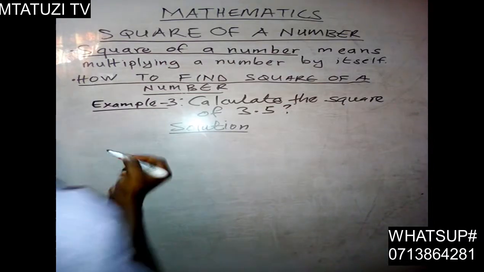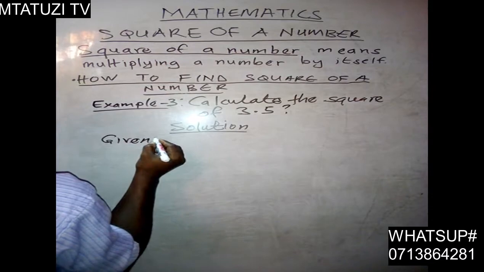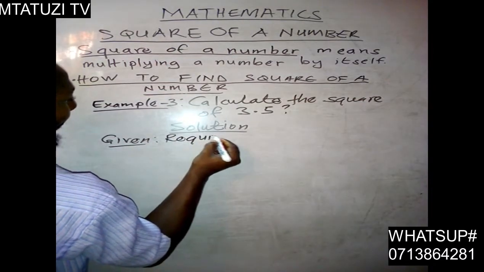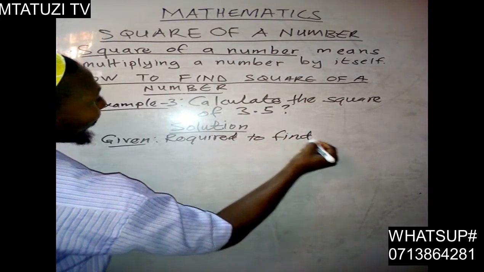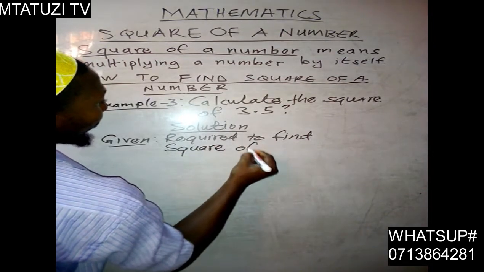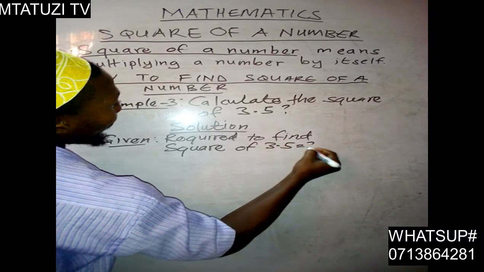So given, required to find the square of 3.5. 3.5 is equal to how much?